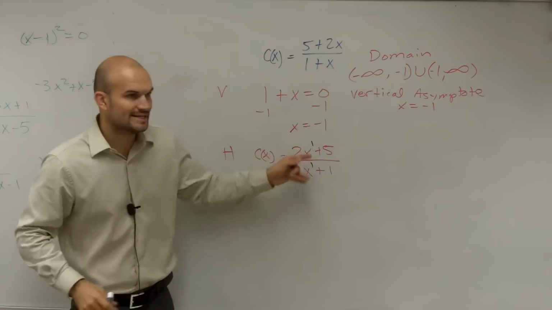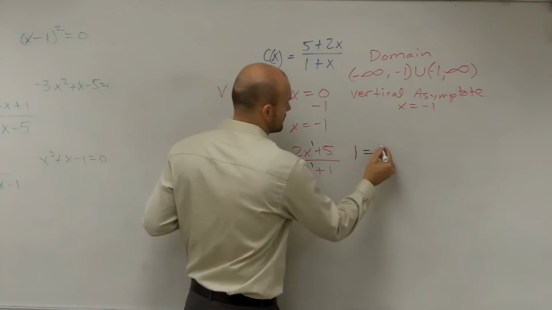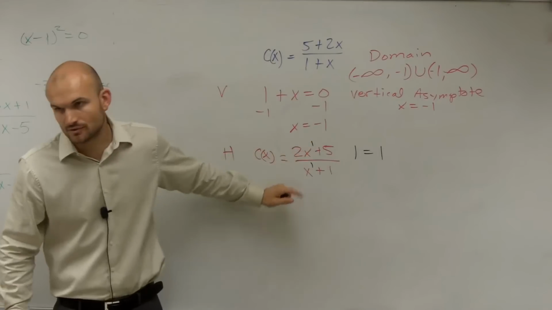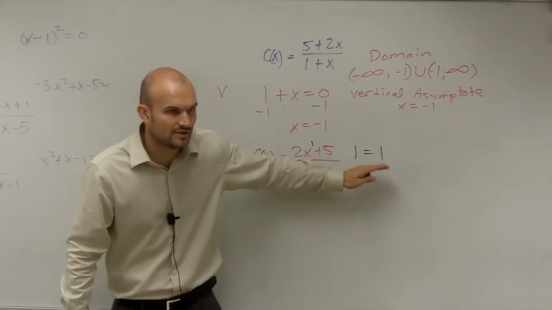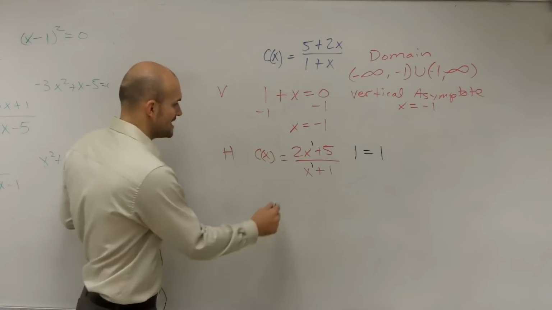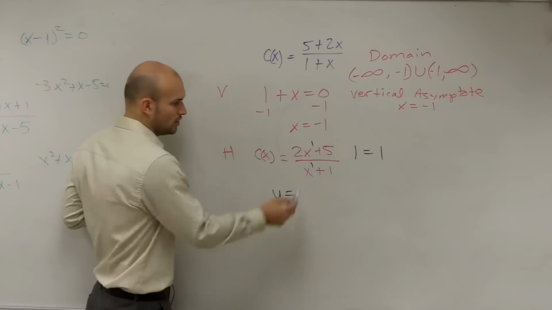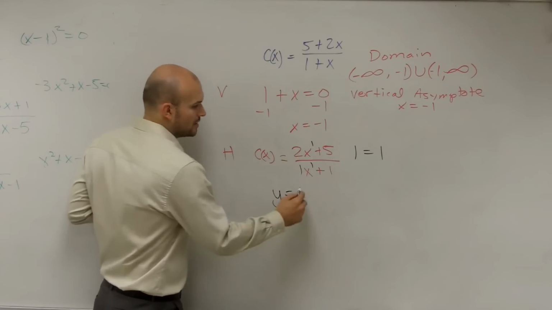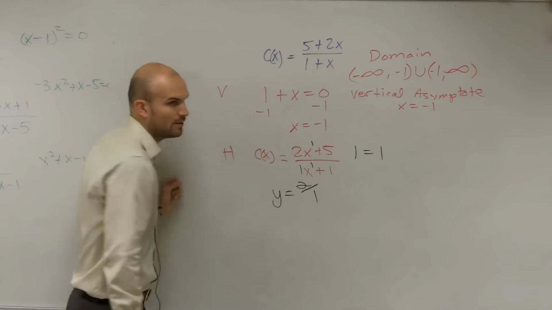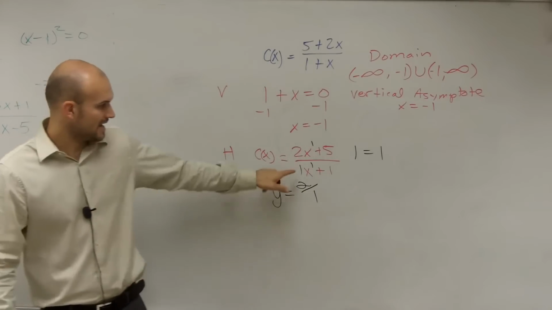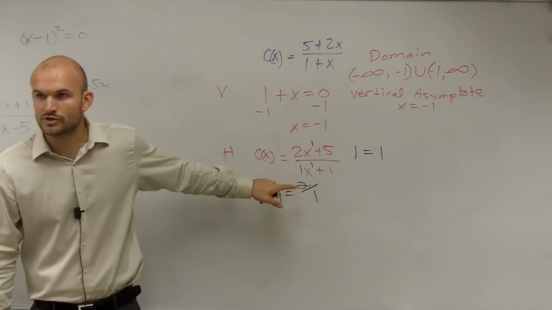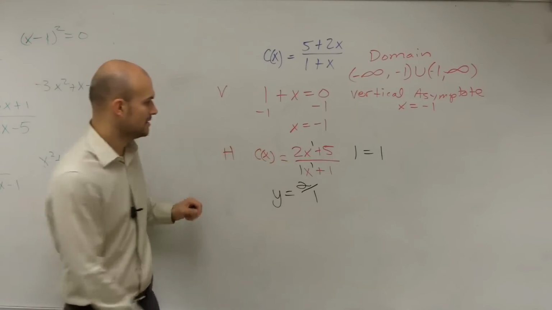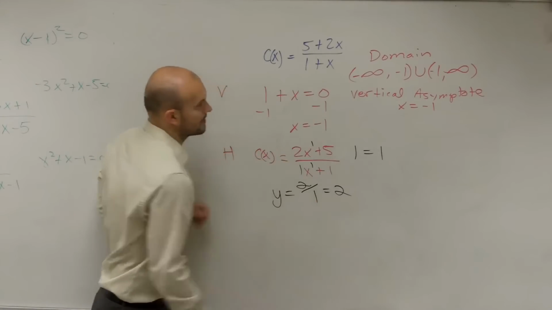So whenever your degrees are equal to each other, n equals m, as we had in our notes, the horizontal asymptote is equal to your leading coefficient divided by your other leading coefficient. So it's going to be 2 divided by 1, as 1 is the leading coefficient for your denominator. You take the leading coefficient of your numerator divided by that of your denominator, which is just equal to 2.